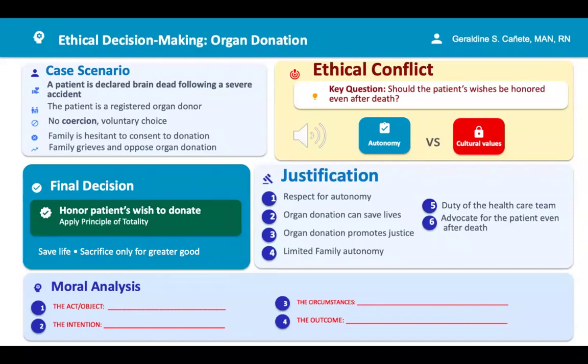And under what circumstances, if any, would it be ethically justifiable to disregard the patient's prior decision to be an organ donor? Of course, I want you to write and take note of your answers so you can revisit them later.